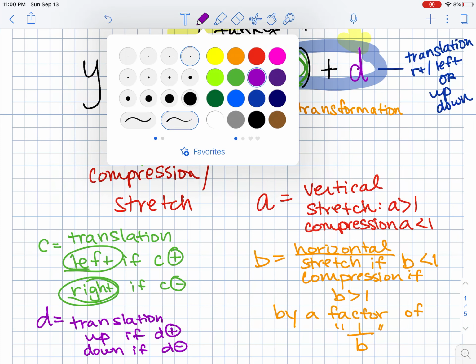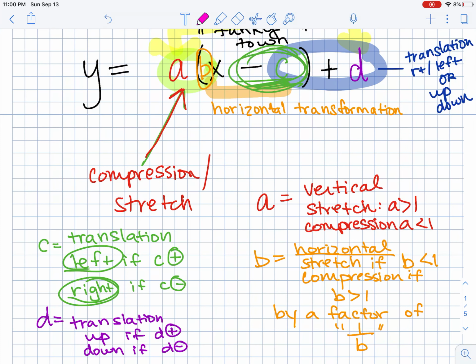The other thing that we haven't talked about yet is if A is negative, that's called a flip, where it would not just vertically stretch or compress it, but it would actually flip it across the x-axis, okay?